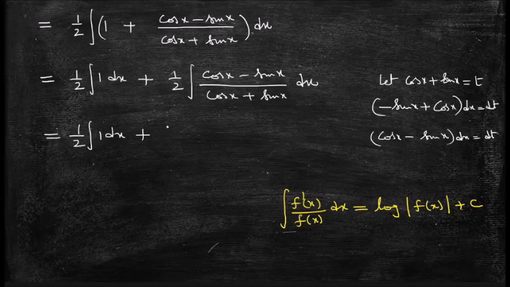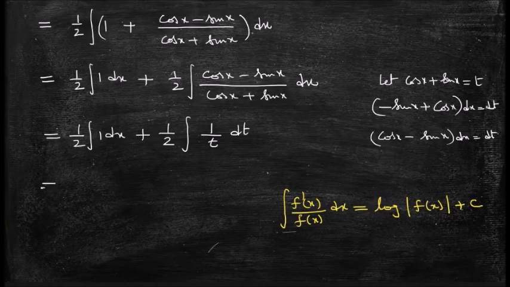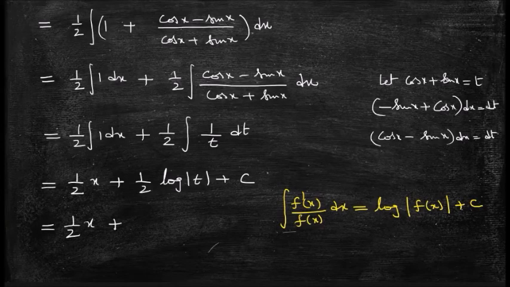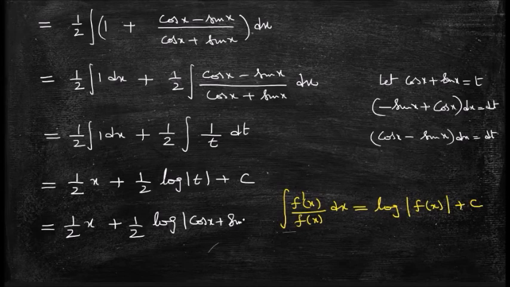Okay, so I am just proceeding in this way, writing 1 by t dt, which is equal to half x plus half times log t plus c. Now that is equal to half x plus half times log of cos x plus sin x plus c.